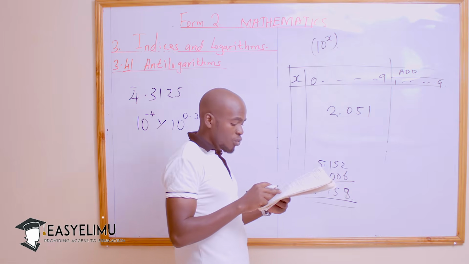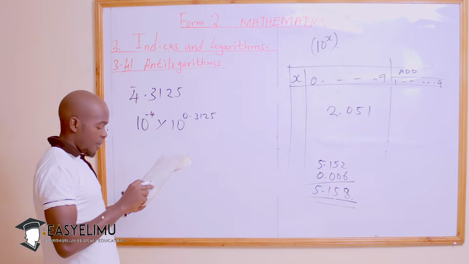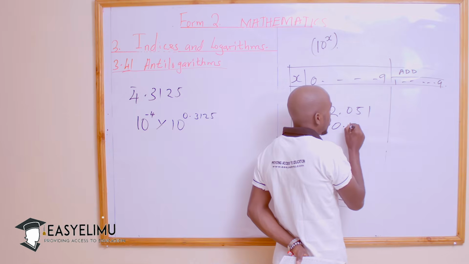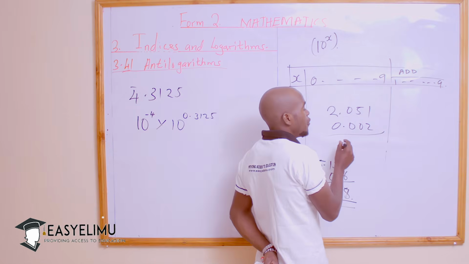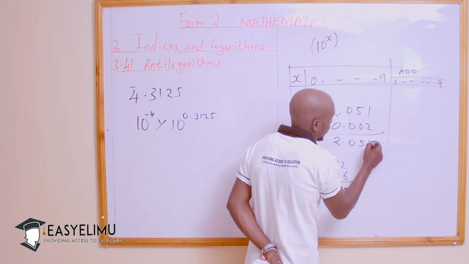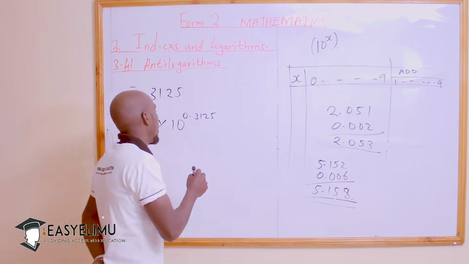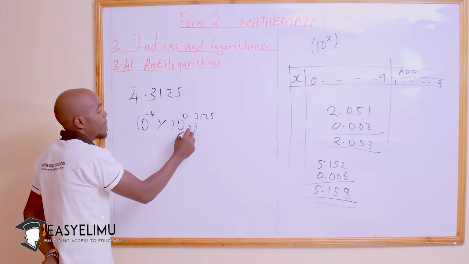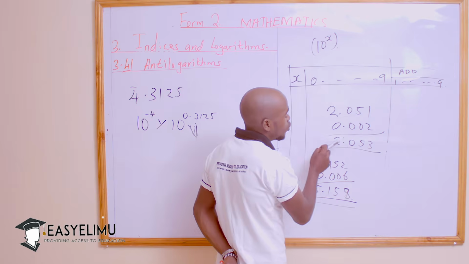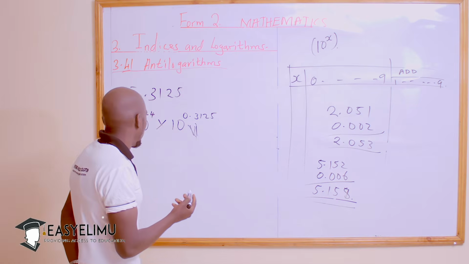Then you add what is under 5, which is 2, so it's 0.002. If you add that, students, you will find 2.053. So the mantissa part is giving us the anti-logarithm of 2.053.